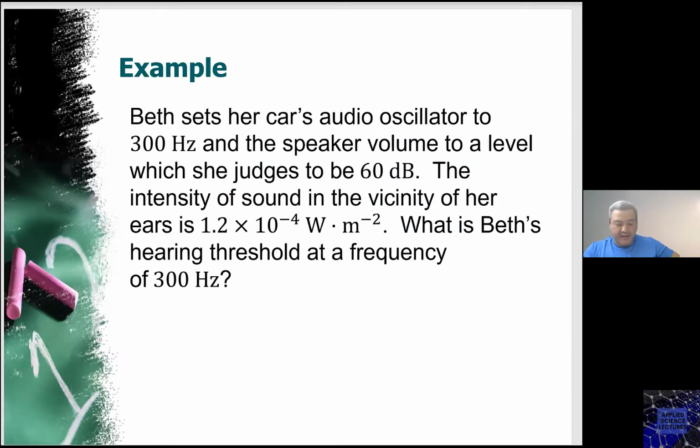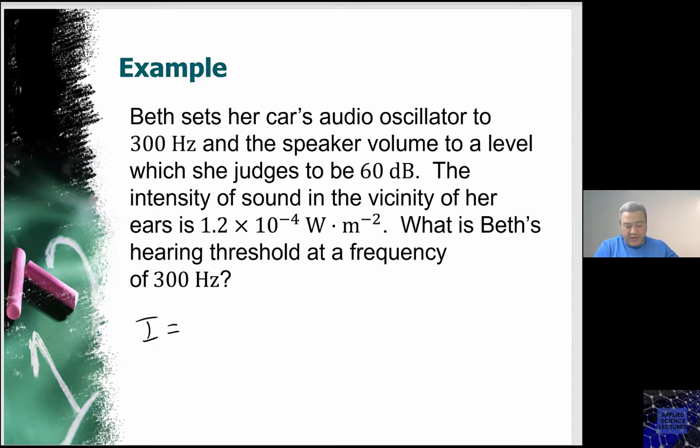Last example for this lecture. Beth sets her car's audio oscillator to 300 Hz and the speaker volume to a level which she judges to be 60 dB. The intensity of the sound in the vicinity of her ears is 1.2 times 10 to the power minus 4.